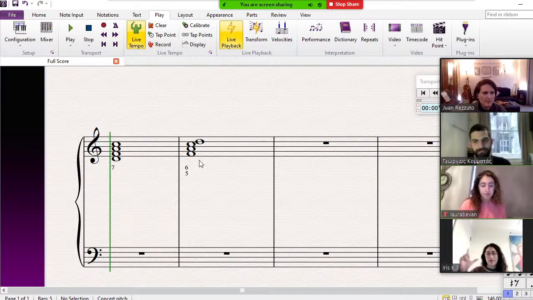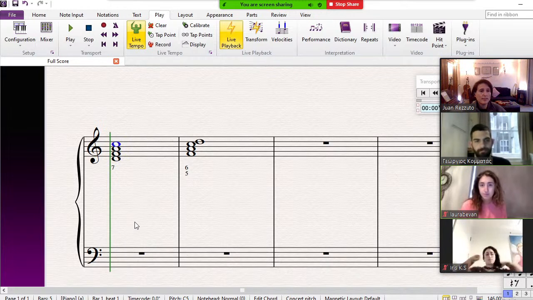Because of the intervals between the bass and the top. If you see here, Laura, you have the seventh because the bass, or the root note, and the seventh is an interval of a seventh.